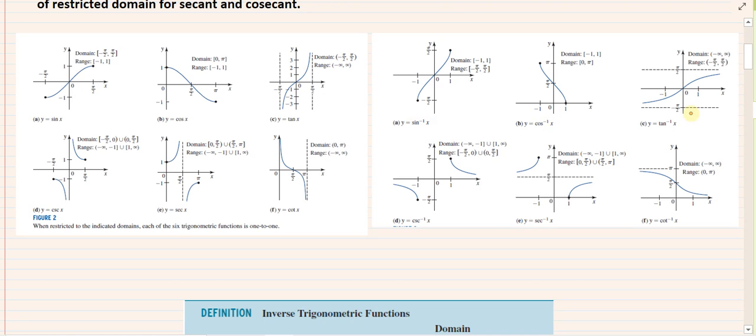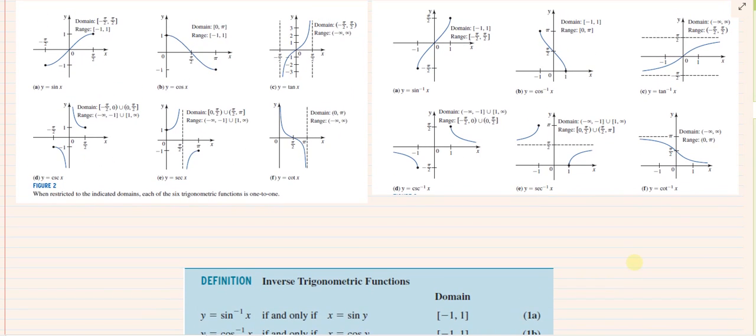And for tangent, it's from -infinity to infinity, right? And so on and so forth. Now, our focus will primarily be on sine, cosine, and tangent inverse. We could get the others, cosecant, secant, and cotangent, using reciprocal identities. We can actually do that, and I'll show you how to do that maybe as I do the exercises.